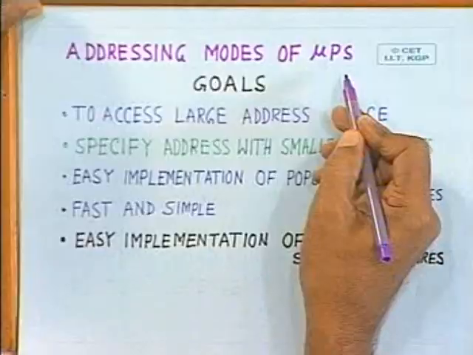First, I shall give an overview of the different types of addressing modes available in all kinds of microprocessor. Then later on, I shall explicitly discuss the addressing modes provided in 8085. Now, what is the purpose of addressing modes?